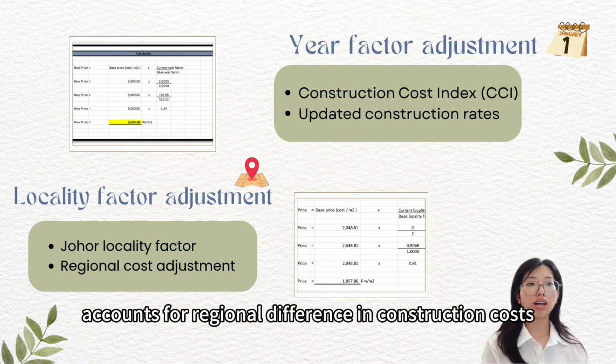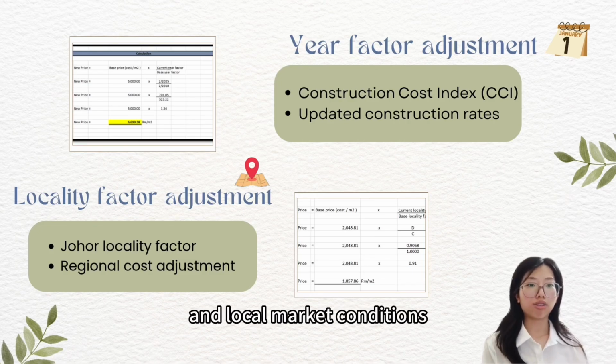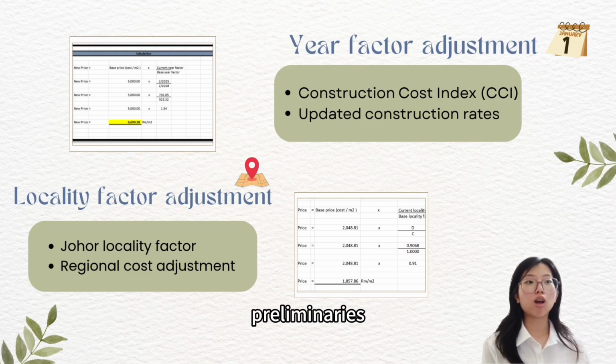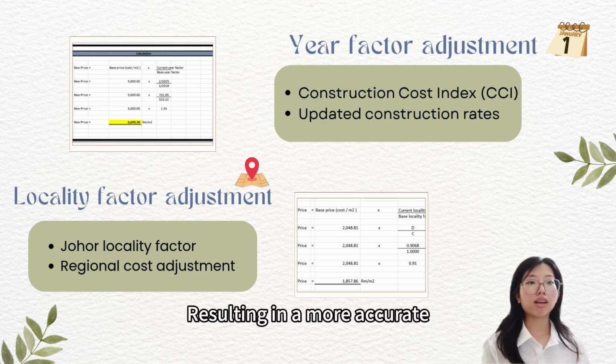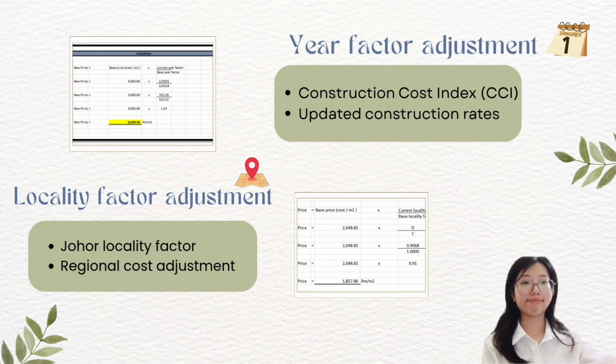This adjustment accounts for regional differences in construction costs such as transportation, labor availability, and local market conditions. Finally, the adjusted rates were applied to Bill Number 1 Preliminaries to obtain the final priced bill of quantities, resulting in a more accurate and reliable cost estimate for the project.